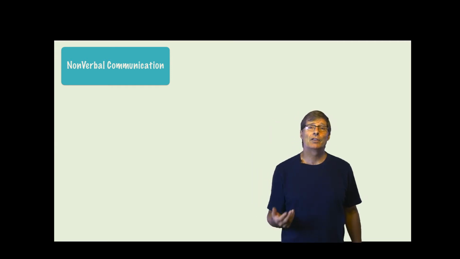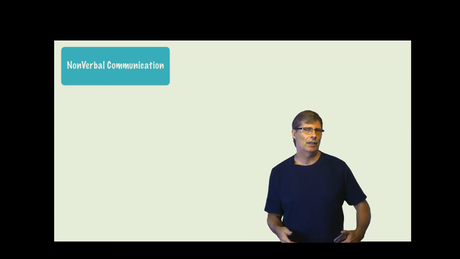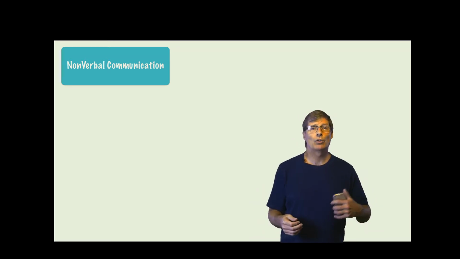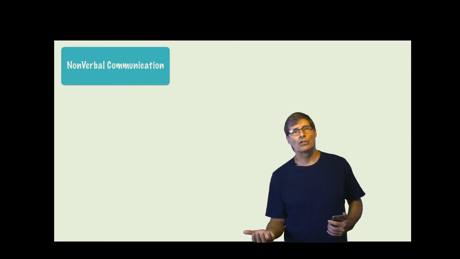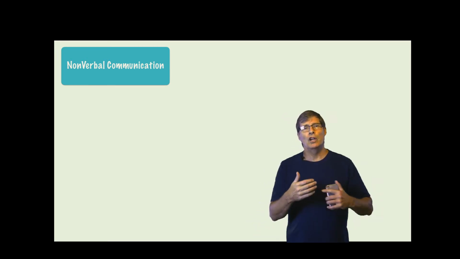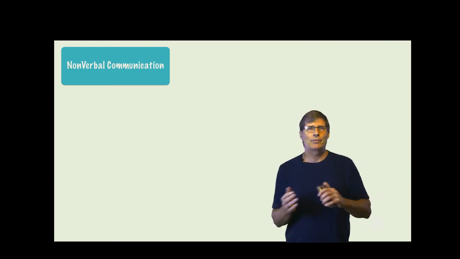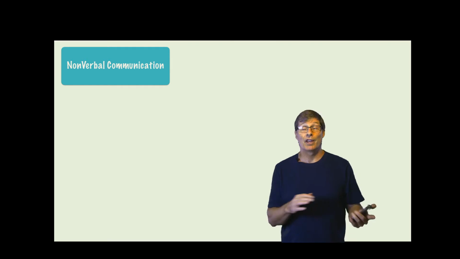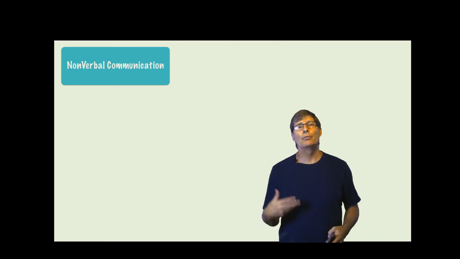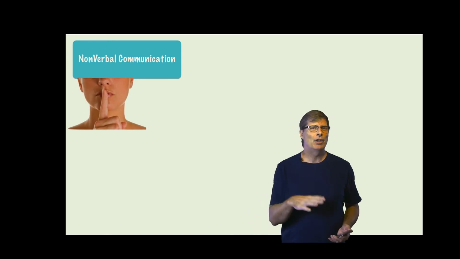Now, the sociology of emotions helps us understand the social context of our feelings and the relationship between the roles we play and the emotions that we experience. Now, when we move into nonverbal communication, this is the transfer of information between people without the use of speech. And we're going to go through a number of them. So this includes visual cues, gestures, and appearance.